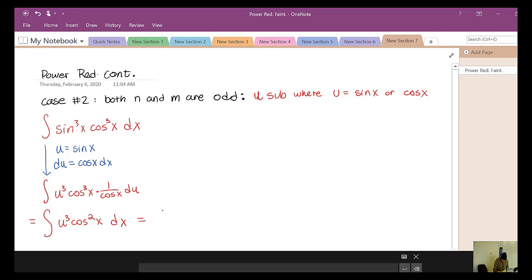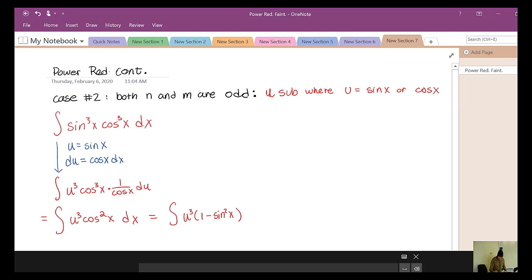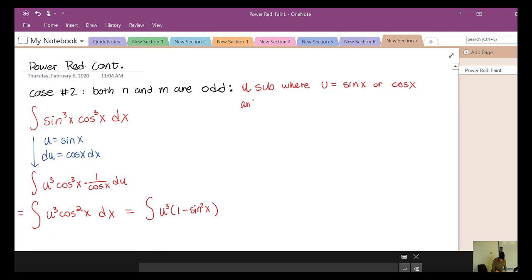So after you use u sub, here we have u cubed times 1 minus, since sine is u, u squared.